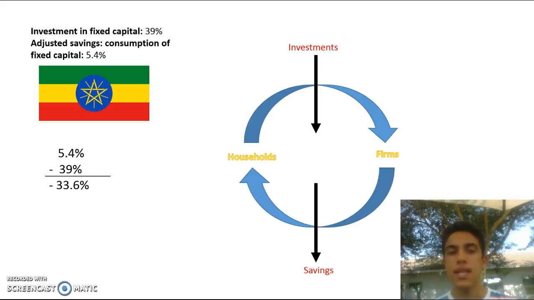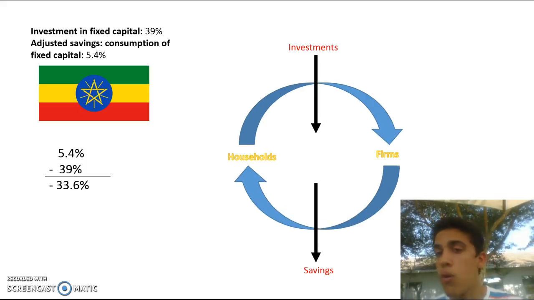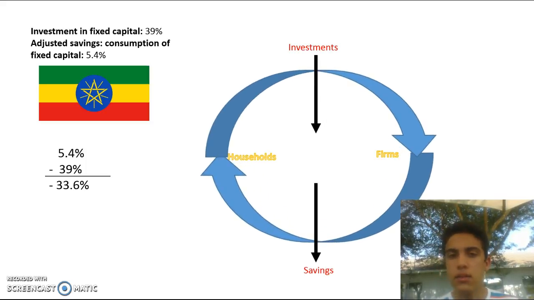and we see that the overall percentage is negative 33.6%. This will actually make this flow expand, and this is because it's negative, and let's think about it as a balloon.